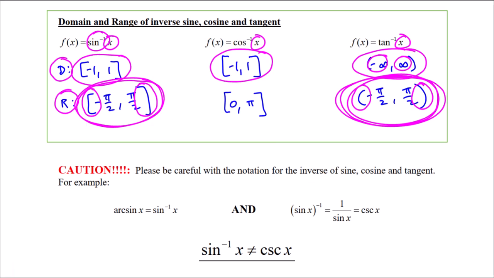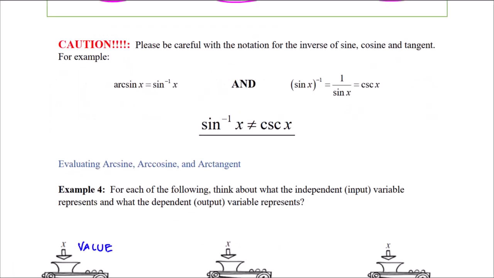Remember, for inverse cosine, I'm looking at the first and second quadrants, so that includes from 0 to pi. This notation can be a little confusing, but just look. This is taking the inverse of a function, and that's inverse sine. This is taking the reciprocal of a number.